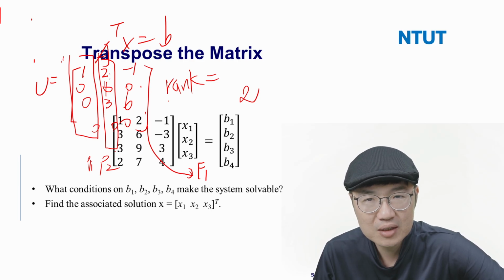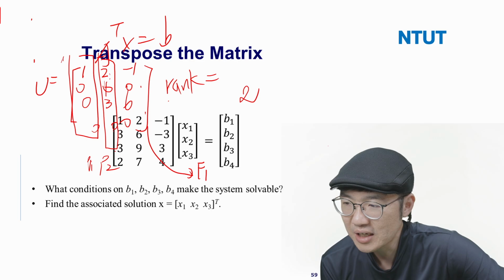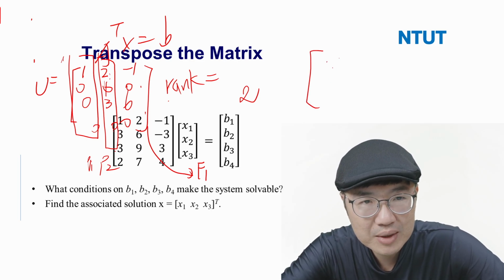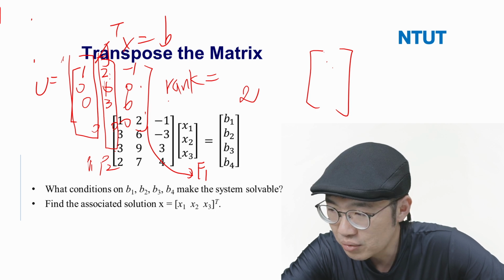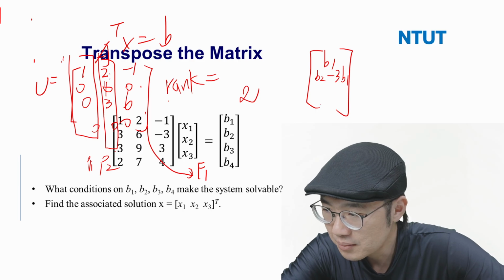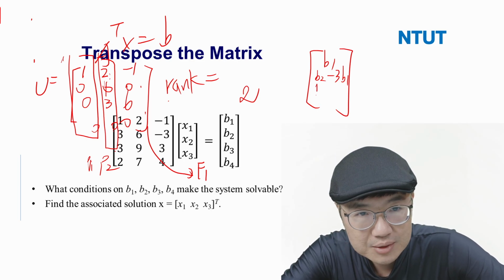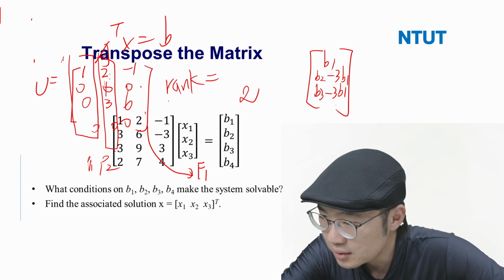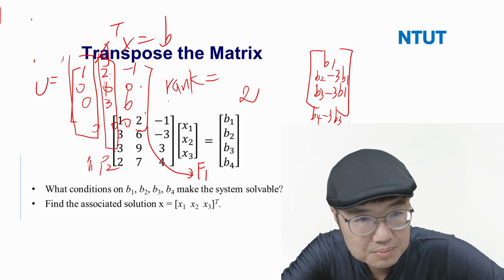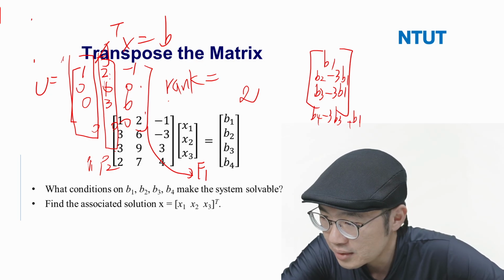Yeah. However, from here, if we take B as an augmented matrix, the right hand side will be B1, B2 minus 3B1, B3 minus 3B1, and B4 minus 3B3 plus B1.